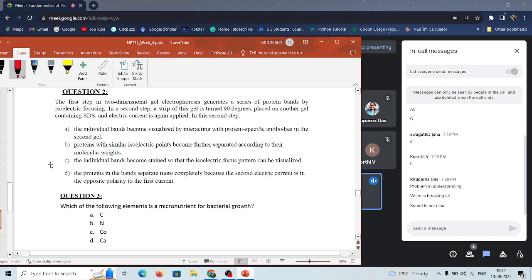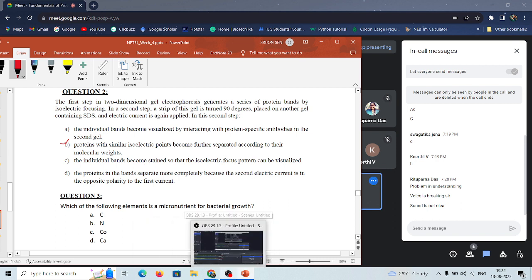So the correct answer is B over here, because firstly you are separating based on pI and then based on size or molecular weight. That's why the proteins with similar isoelectric points will be separated according to their molecular weights.